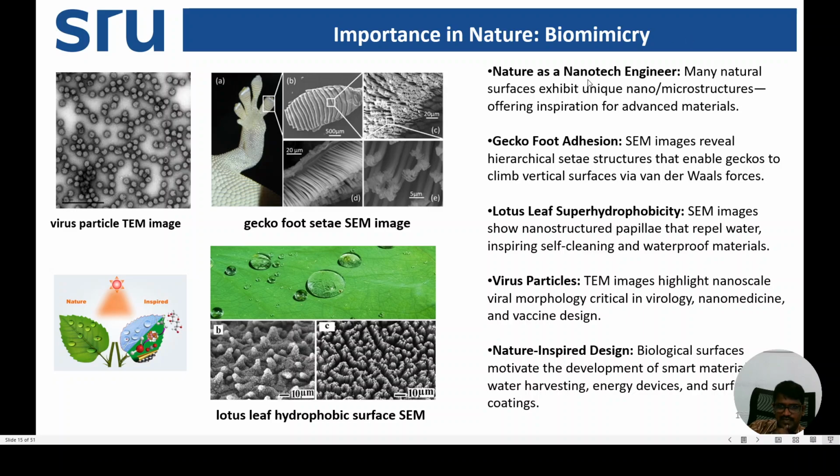So nature as a nanotech engineer. I already told you, we can see the implications or the properties of nanotechnology. What we observed in nanomaterials, we can observe in nature also. Many natural surfaces exhibit unique nano and microstructures, offering inspiration for advanced materials.